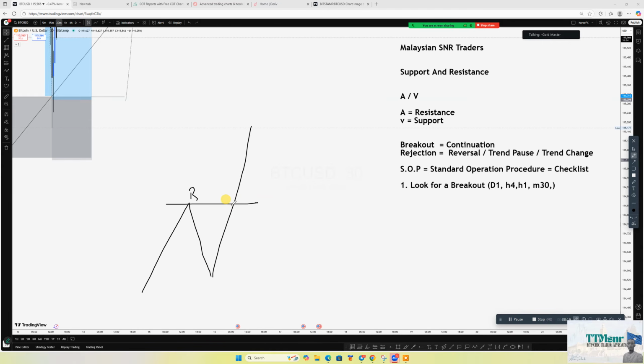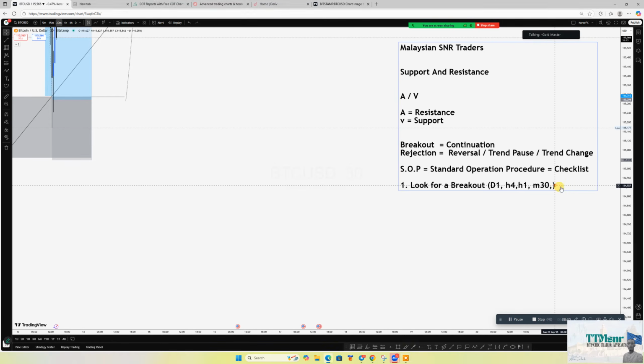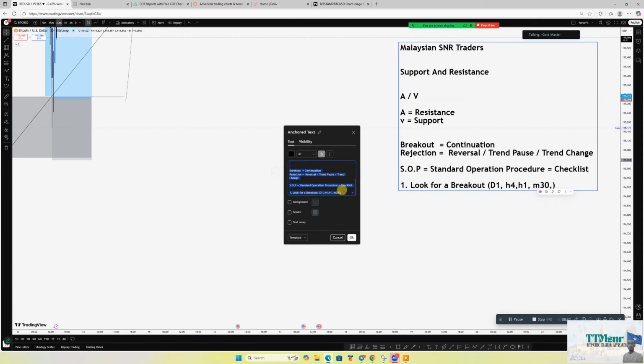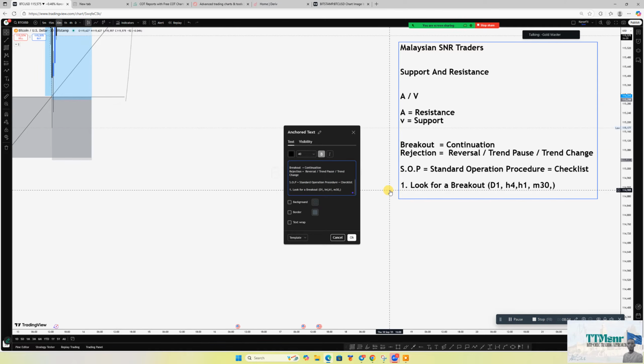So when you get a breakout, then SOP number two comes. SOP number two means find out SRR or RSS.